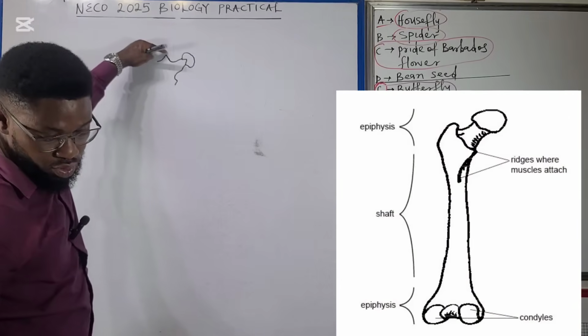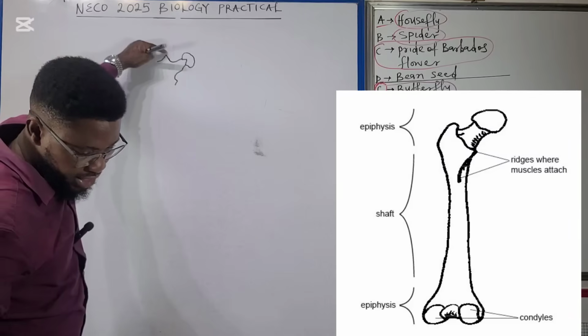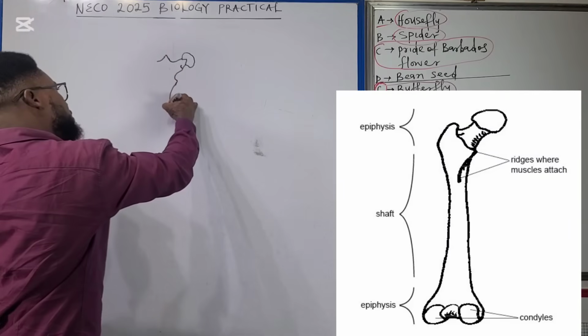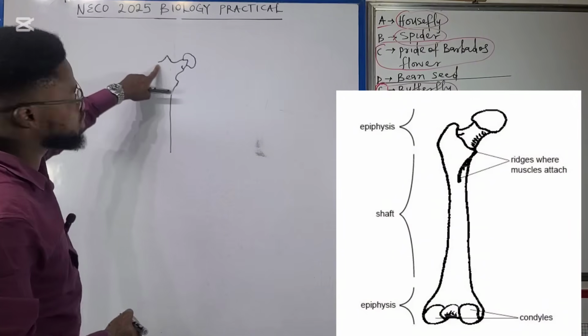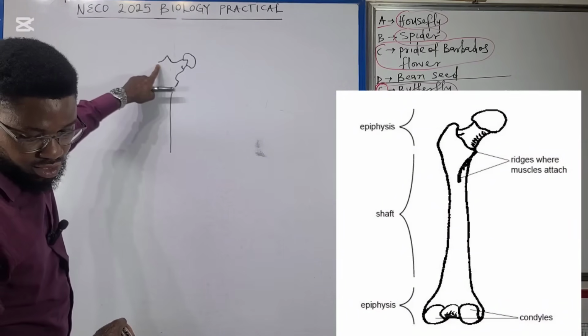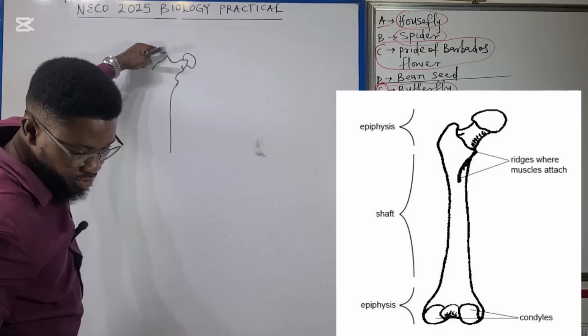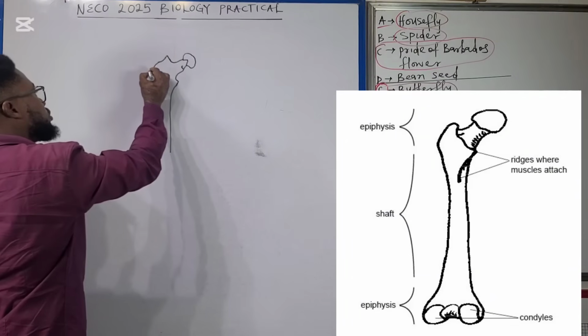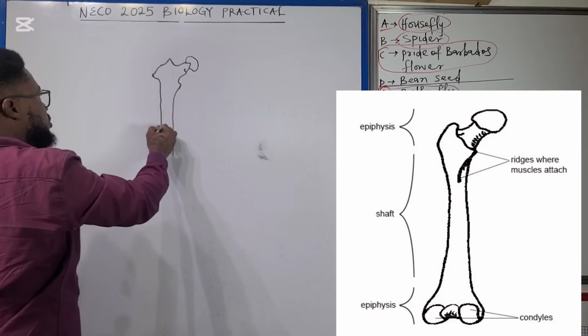This is the superior or greater trochanter. We can then come down with a straight line. Okay, but then let's deal with this other side of things. After the greater trochanter, we should be having a third trochanter. We can then descend downward.